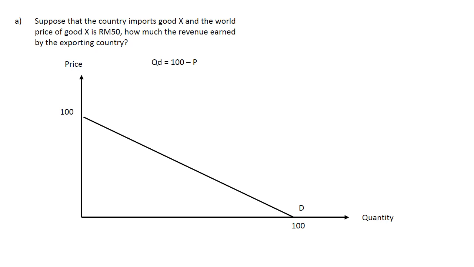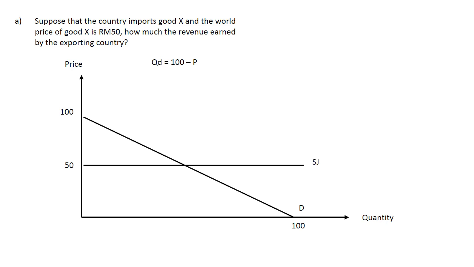Okay, so to answer the question of how much revenue is earned by the exporting country if the world price of good X is equal to RM50: this is before we import good X from another country. So now we import good X, and the world price is equal to 50 ringgit. You just need to sketch your supply curve.